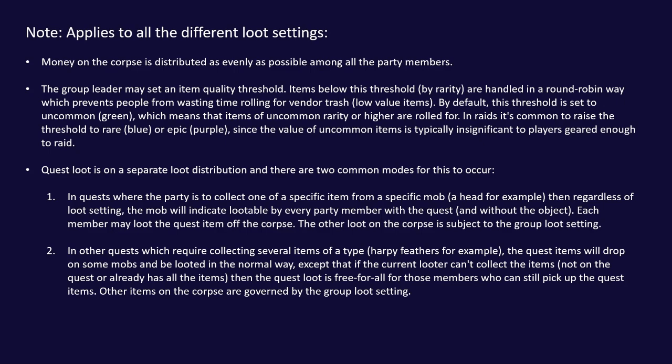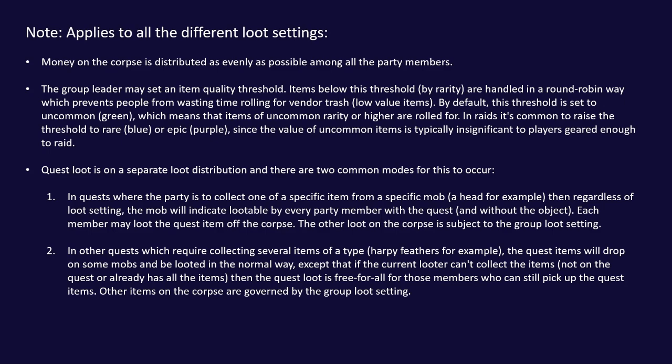Each member may loot the quest item off the corpse, and all the other loot on the corpse will be subject to the group loot settings. But the quest item, everyone will be able to get.